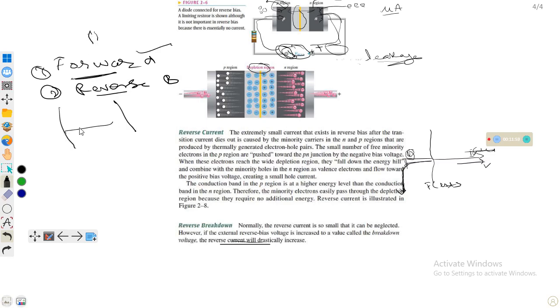In reverse bias current flows due to minority carriers, and in forward bias current flows due to majority charge carriers. In forward bias the current is of the order of milliamperes, and in reverse bias it is of the order of microamperes. Okay, I will stop at this point and meet in the next lecture.